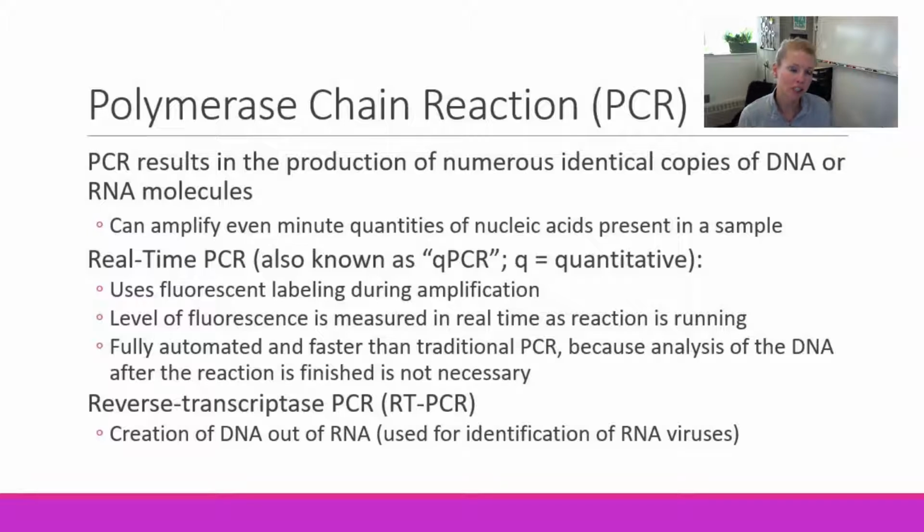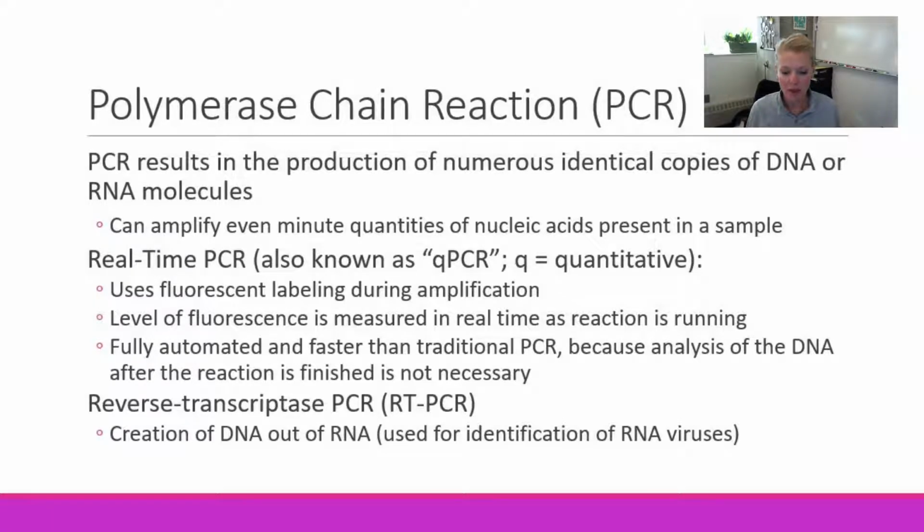Polymerase chain reaction, or PCR, is a technology that is employed across a lot of different fields, microbiology being one of them. So anytime that there's a DNA sample, PCR can be used to amplify that section of DNA to many magnitudes in numbers and copies.